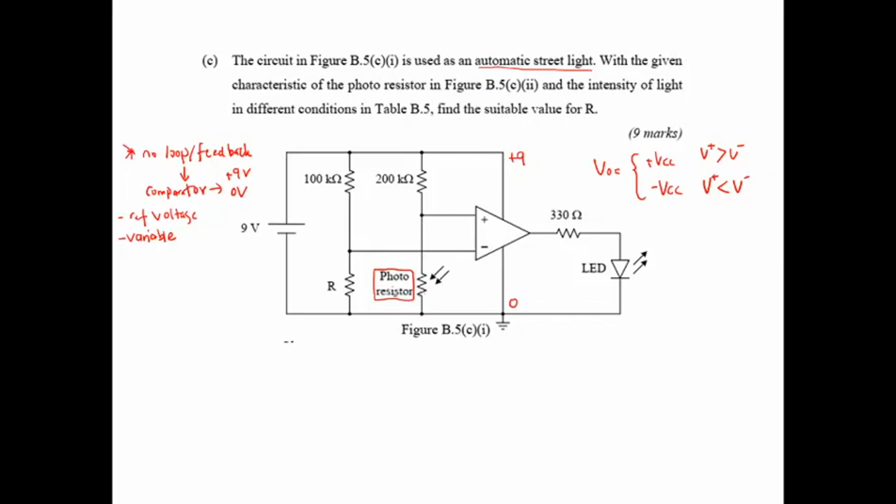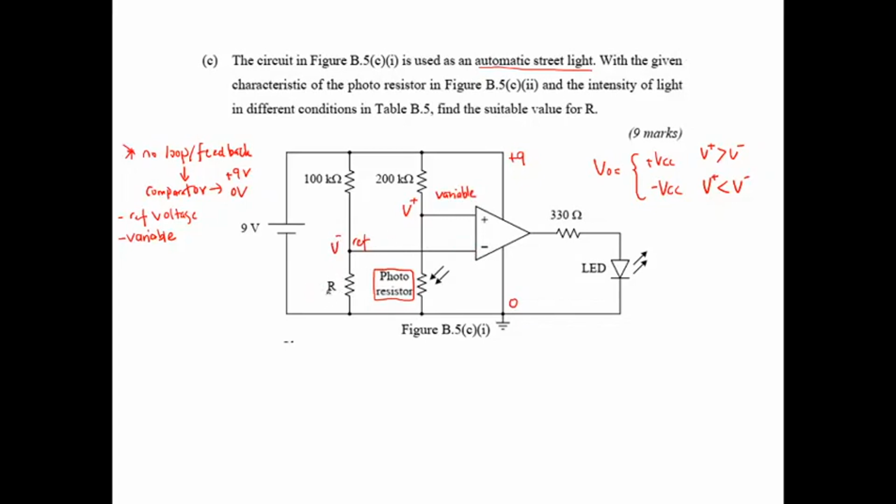So this resistance is not a fixed value, and therefore the voltage V plus here is also not a fixed value. So this is your variable, your input. It means that V minus here is your reference voltage.